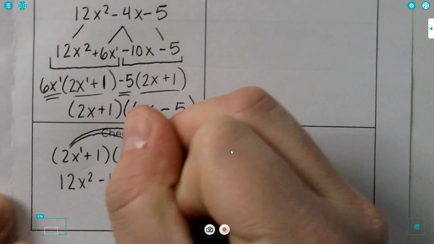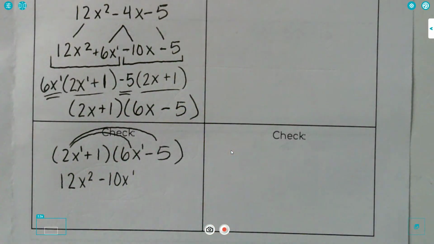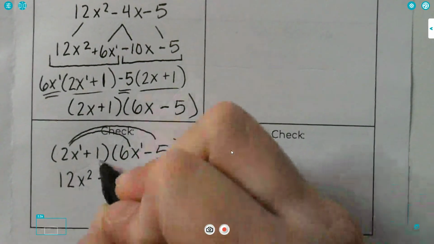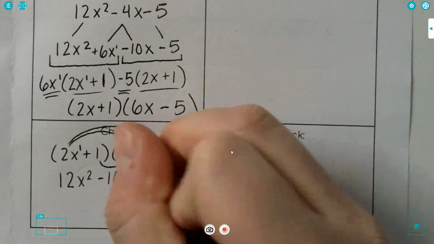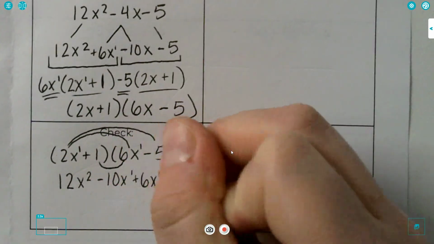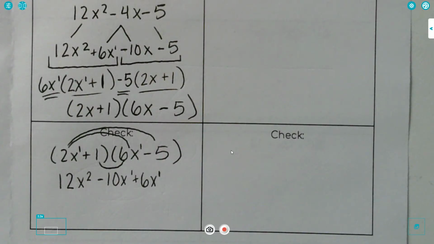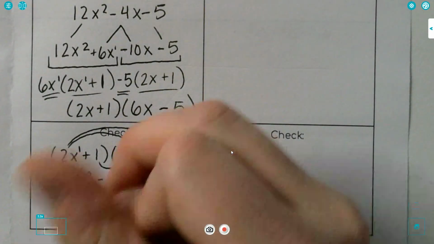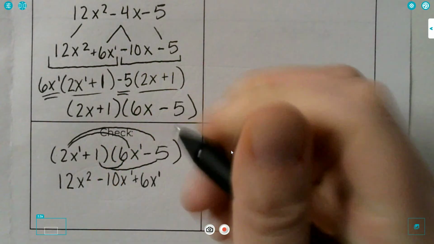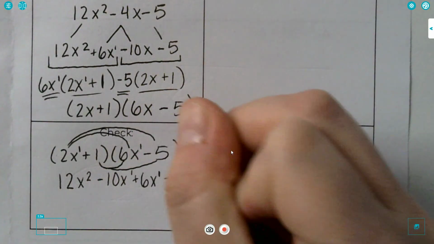I have my x to the first. One times 6 is 6, and I have my x to the first. And 1 times negative 5 is negative 5.